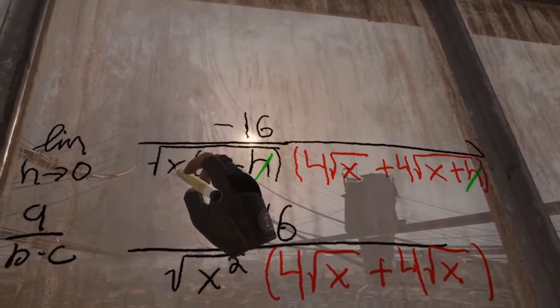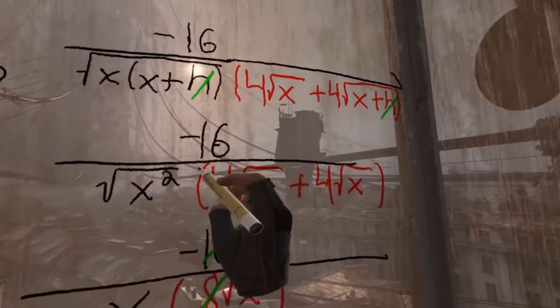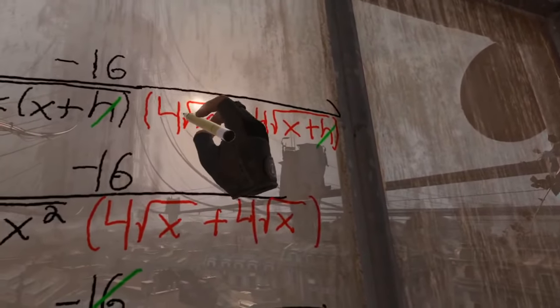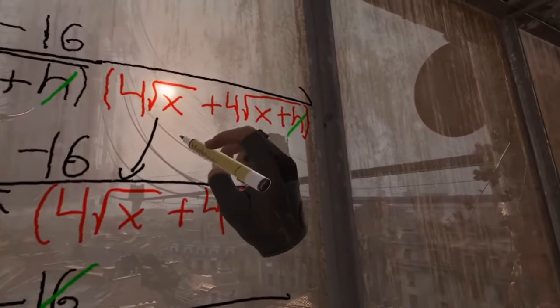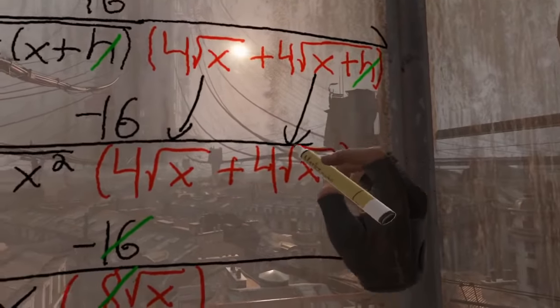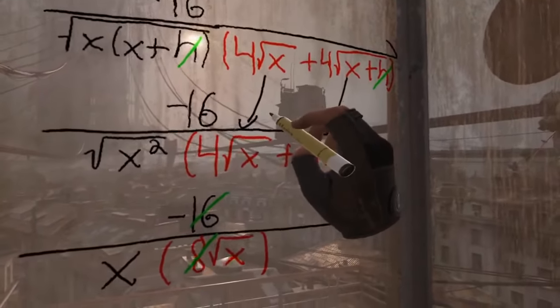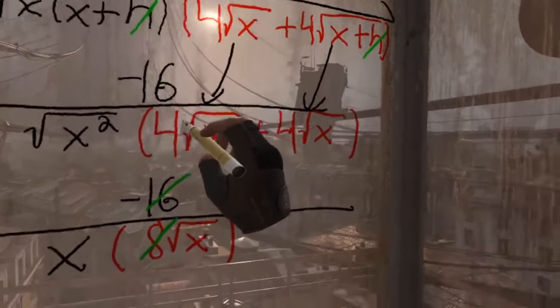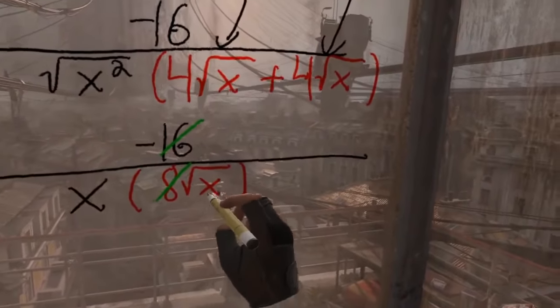Negative 16 over x times x produces x squared. And negative 16 over, well, this is gone, so you're just left with 4 square root of x, and then plus another 4 square root of x. Well, we have the same power, so you can just combine that. 4 root x plus 4 root x is 8 root x.